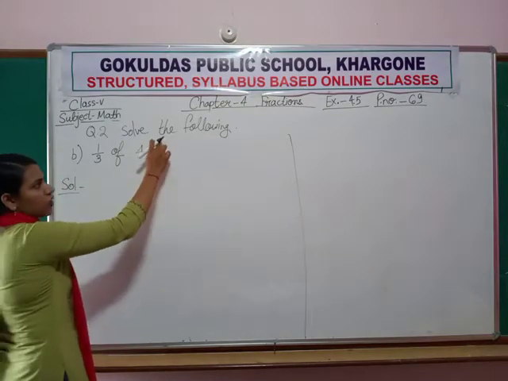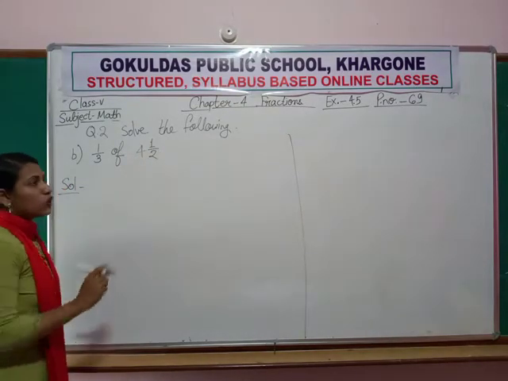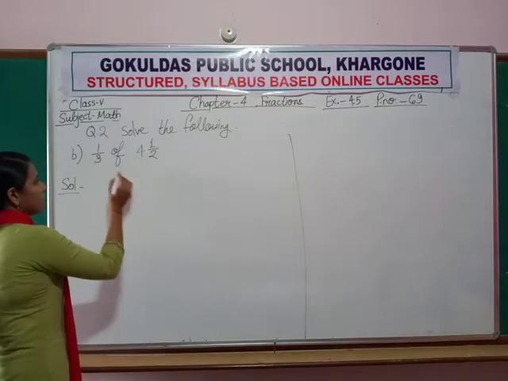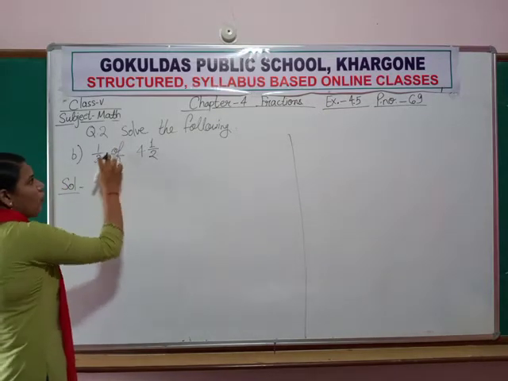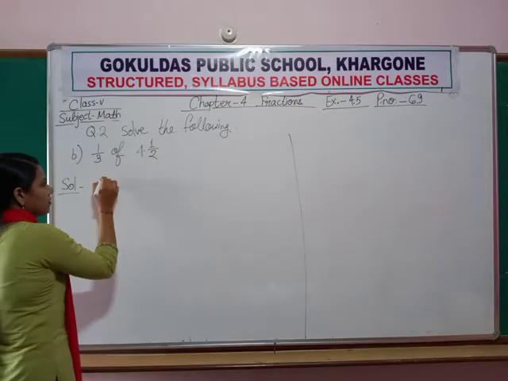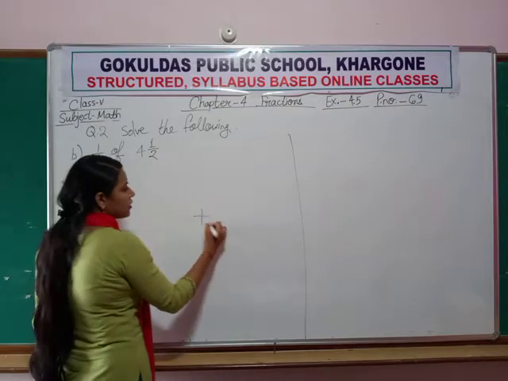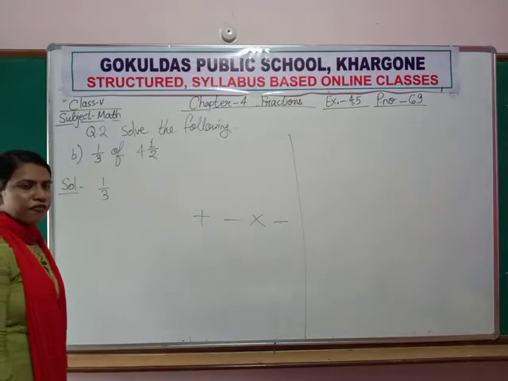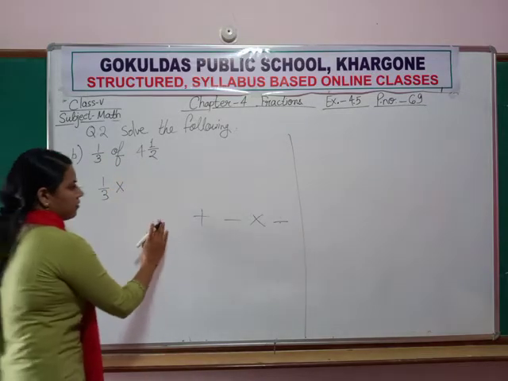But 4 1/2 is a mixed fraction, so first of all we need to convert it into an improper fraction. And before that, here "of" is written. Of means which symbol: addition, subtraction, multiplication or division? Of means multiplication.